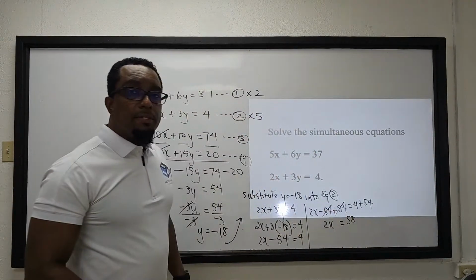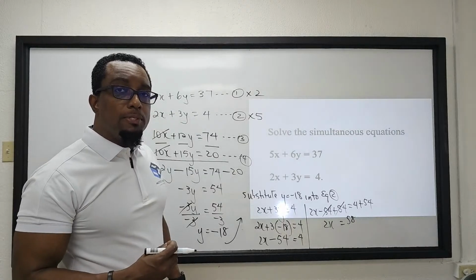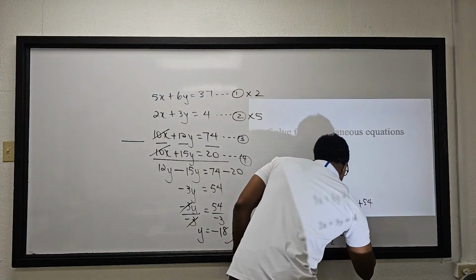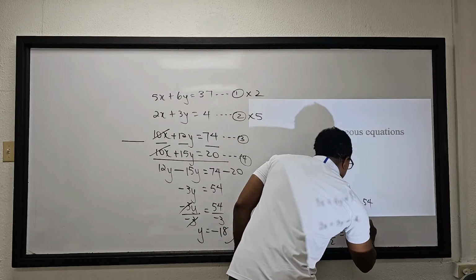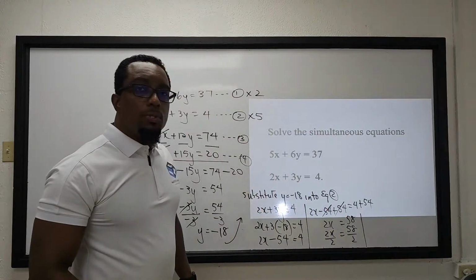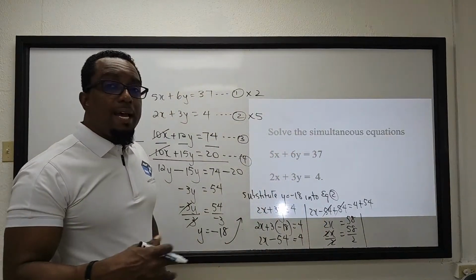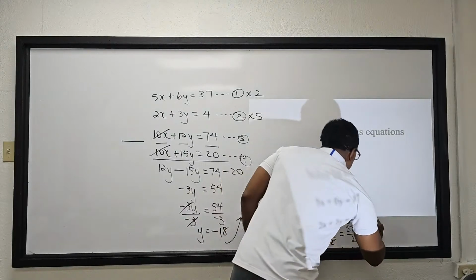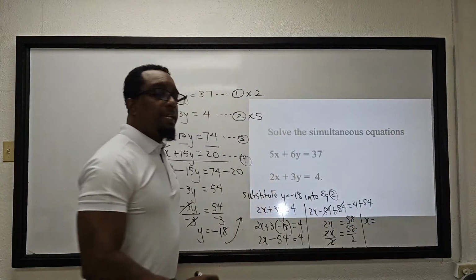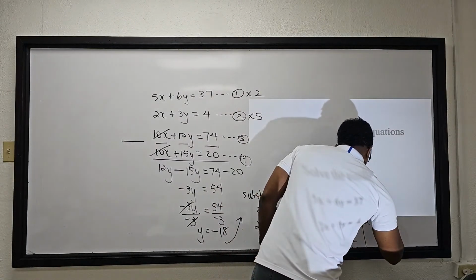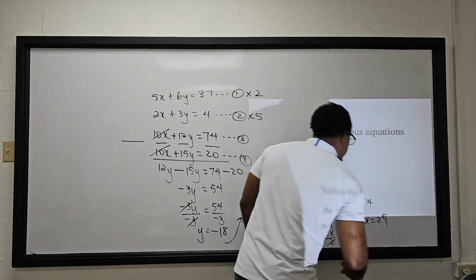And then to make x a subject, I'm going to divide both sides by 2. And therefore, when my two 2's on the left divide with each other to give me 1, x stands alone, which is equal to 58 divided by 2 will give me 29. Good?